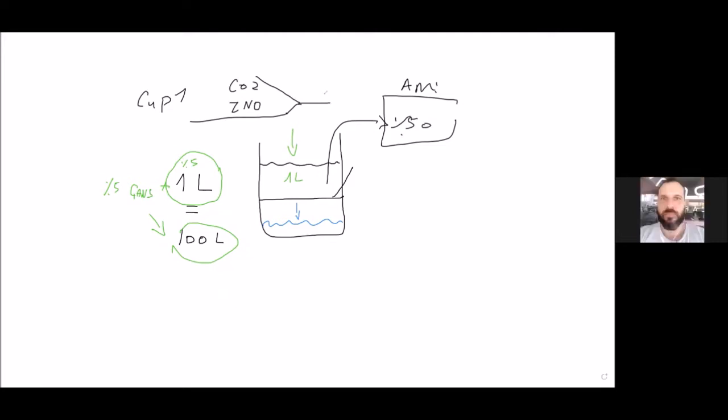So in an area where you have a disaster or you need this plasma, you can add amino acid from the CO2 or from the ZNO.